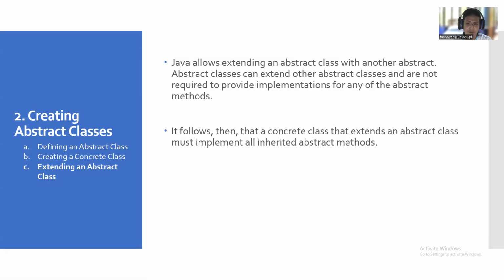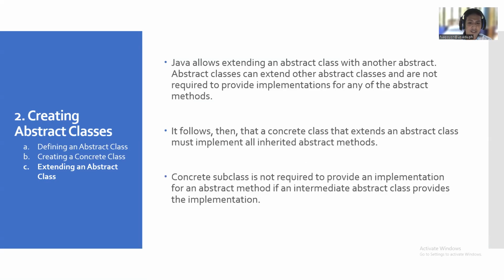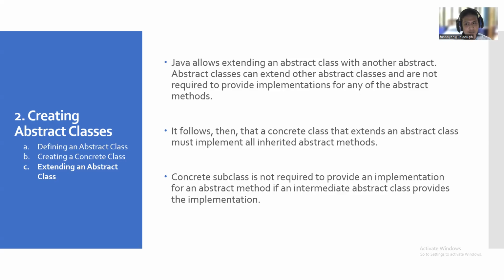So as we showed, a concrete subclass is not required to provide an implementation for an abstract method if an intermediate abstract class provides the implementation, as we've seen in Doggo. And that's it for your abstract classes. That ends the lecture for today.